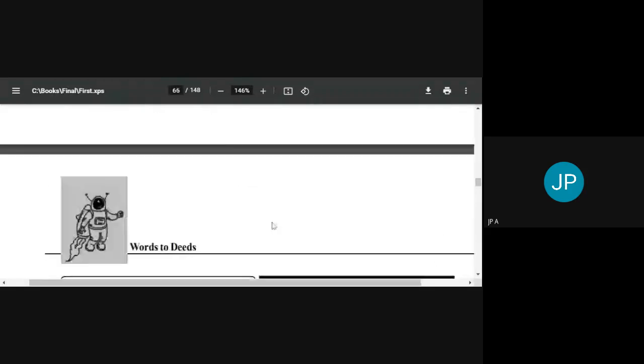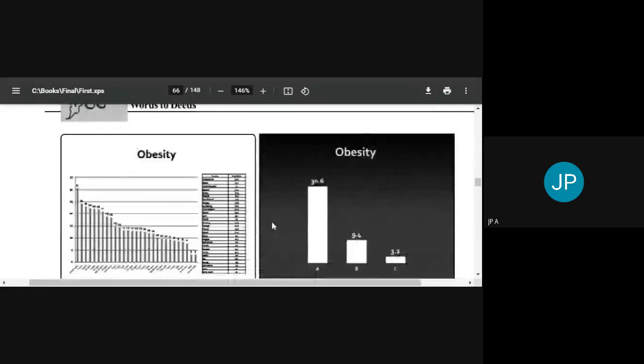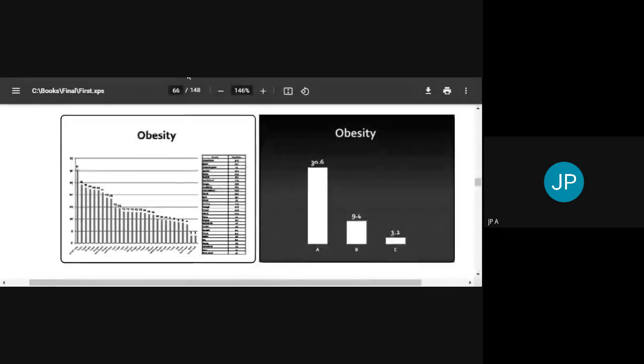Next is about the graphs that you are using in presentation. Which slide is better? Exactly, Danya, Nandana, Anjana, Sharmili. Second slide is better. Fatima, Vinisha, Aishwarya.